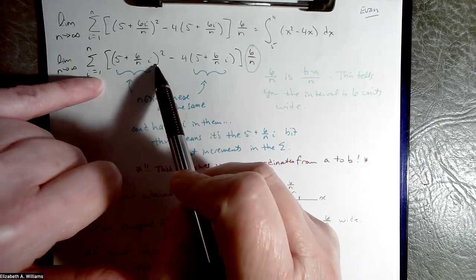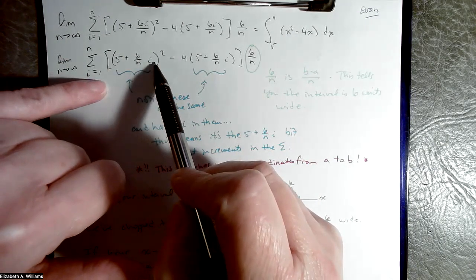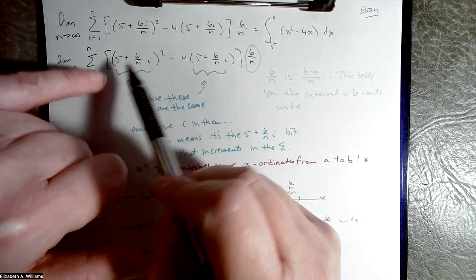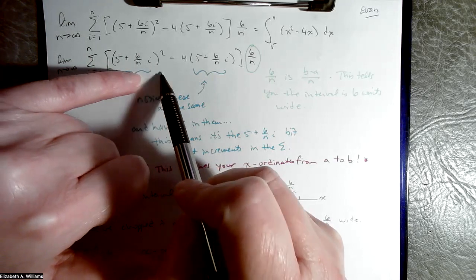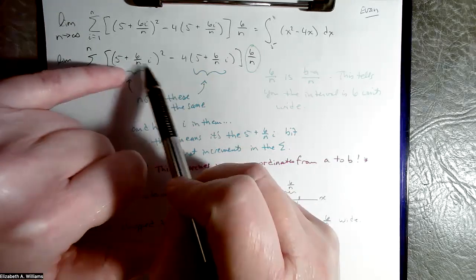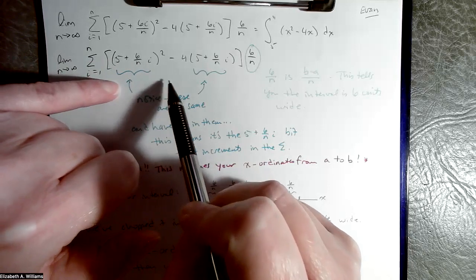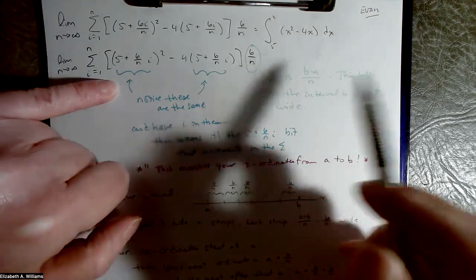When i is 2, we're adding on twice 6 over n. When i is 3, we're adding on 3 times 6 over n. That sounds an awful lot like starting at 5, adding on a bit again, and again. This is breaking up our x's into the ordinates as we march across our interval.